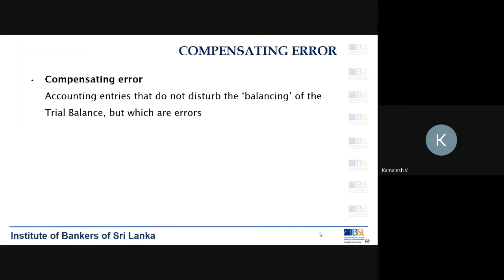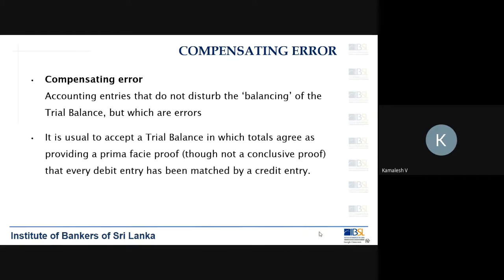The compensation can happen in several ways. Like one example, you have received a cash deposit of 10,000 and a withdrawal of 10,000. You enter them both erroneously. What happens? One error compensates the other error.